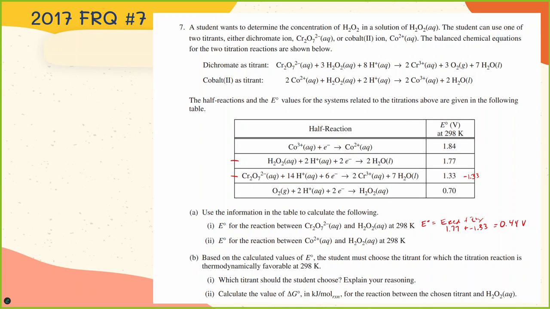The bottom one, cobalt with hydrogen peroxide. So let's switch over here. Here we need to flip this one because that has to be a reactant, so that becomes negative.